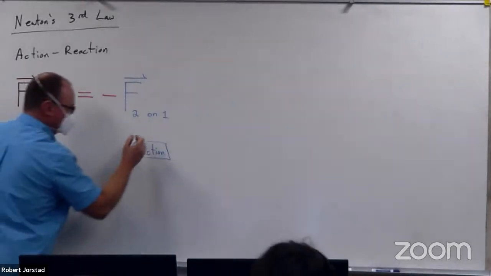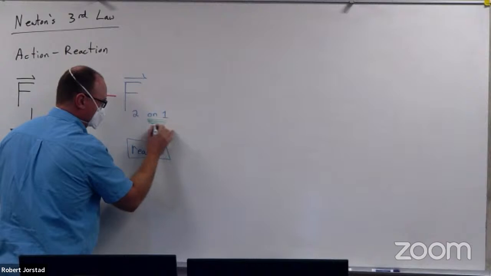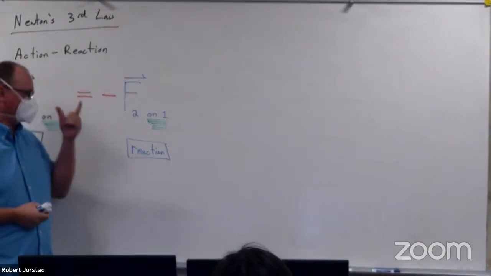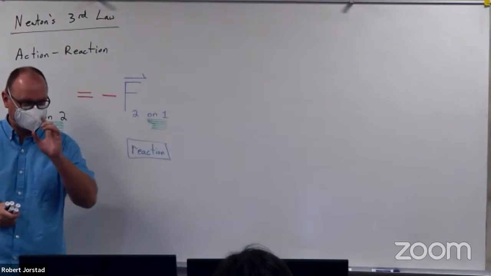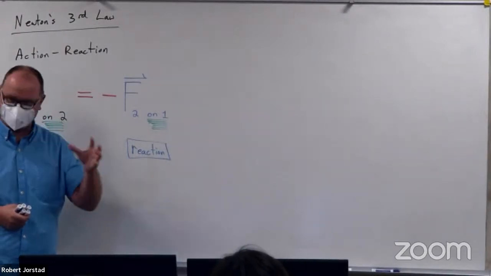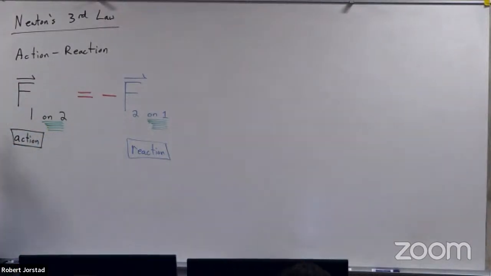The other one is acting on object 1. Now, why am I belaboring this point? It's crucial that we notice they are not on the same object. That's a fundamental thing that you should just now accept for the rest of your life. They're never on the same object. Action reactions are always on different objects. Okay, that's crucial.